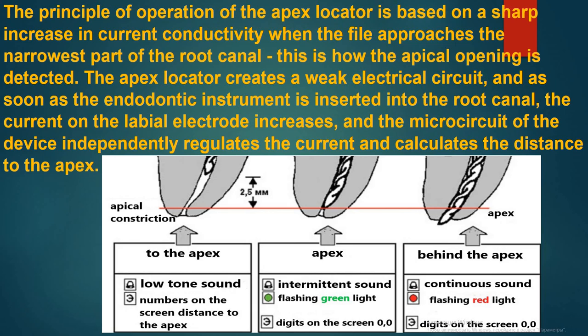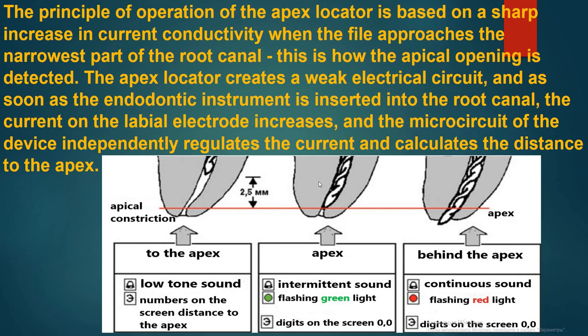In the picture we see the apical constriction and how the apex locator works. If the apex locator comes to the apex, we hear a low tone sound and numbers on the screen show the distance to the apex.